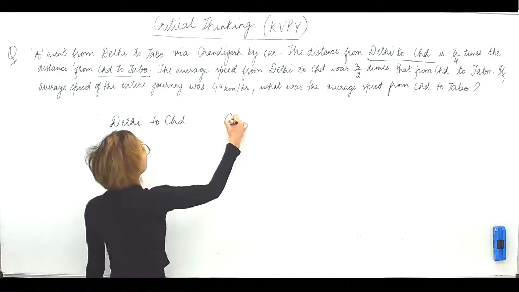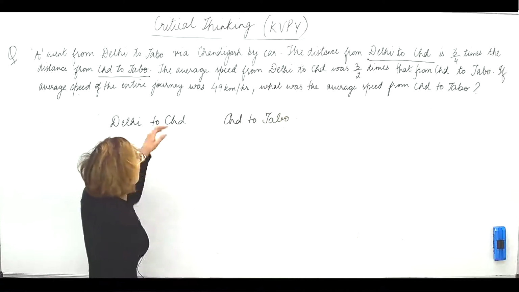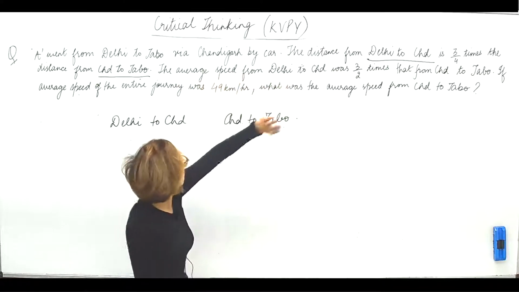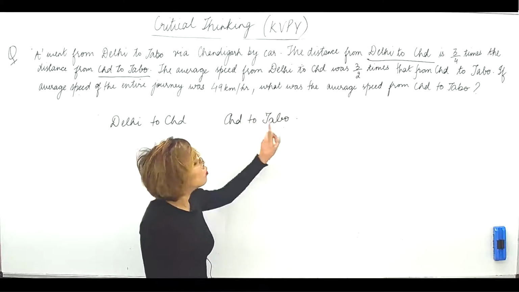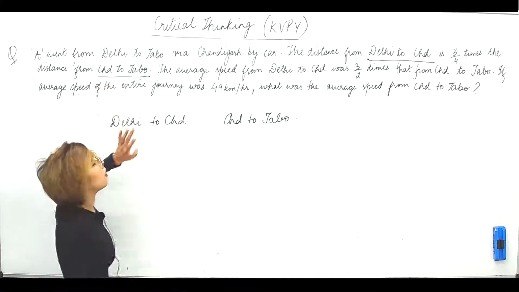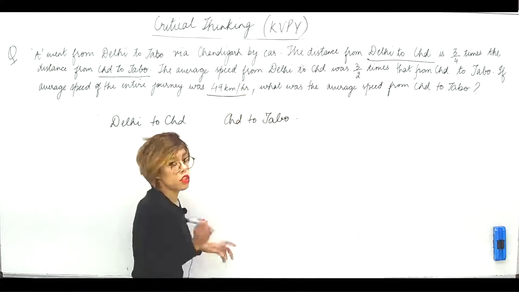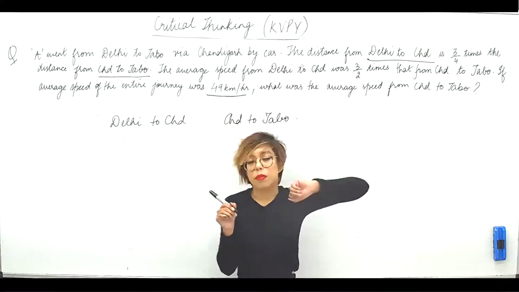The average speed from Delhi to Chandigarh was 3/2 times that from Chandigarh to Tabo. If the average speed of the entire journey was 49 km per hour, which is very slow according to me, what was the average speed from Chandigarh to Tabo?